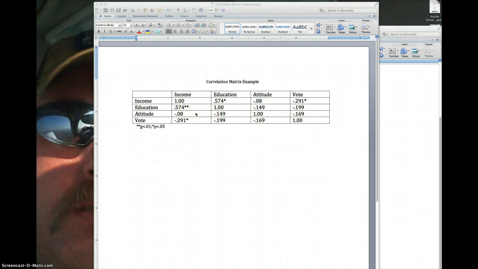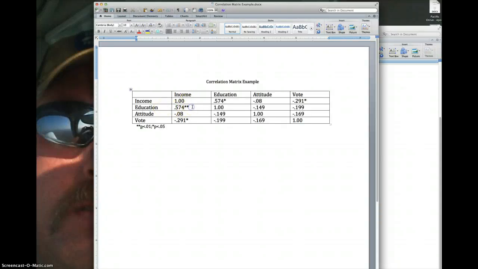As we said earlier, not only are we interested in correlations, we're interested in significant correlations. So in this example, we might ask, well, what is a significant correlation? This one, the relationship between income and education, is a statistically significant correlation.